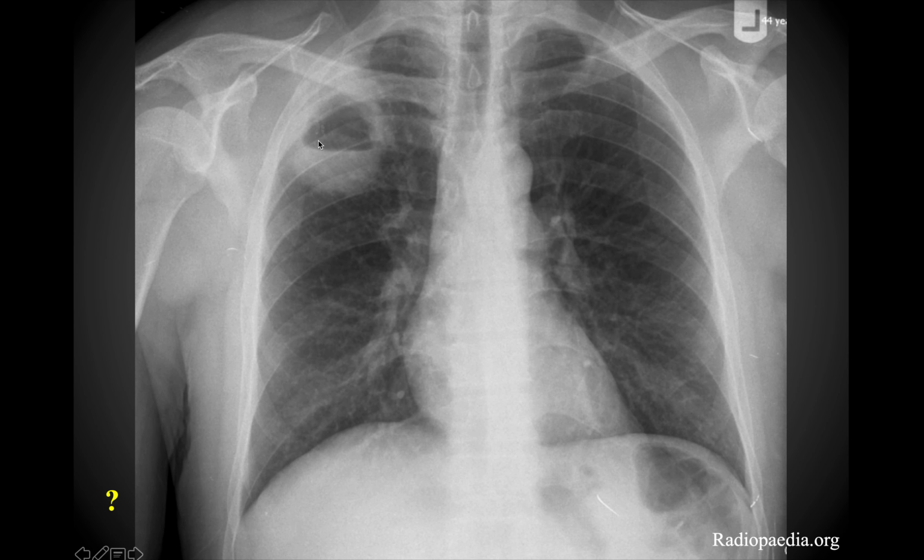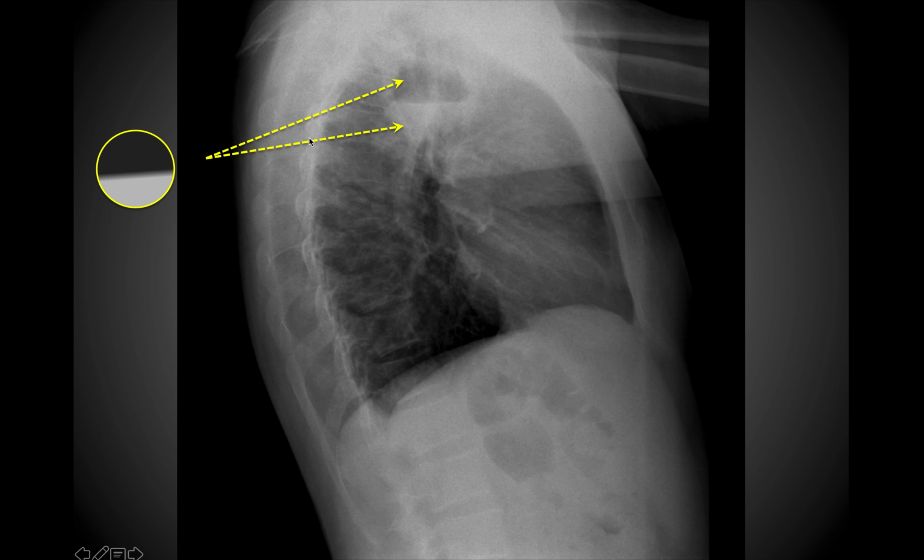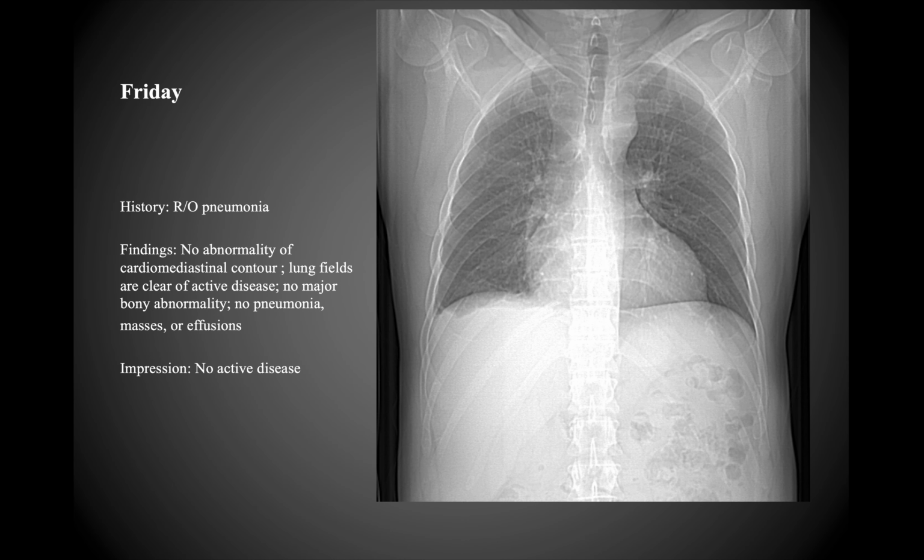It looks like there's a gas bubble here with some fluid surrounding it. Looking at the lateral view, you can see that there's this interface between where there's fluid and where there's gas, and then where there's fluid below it. So the darker region above is gas, the lighter region below is fluid. And in this case, we have a lung abscess.